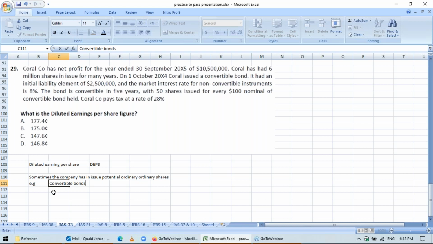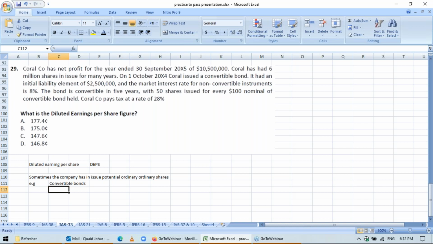Potential ordinary shares are basically those items which will result in an issue of ordinary shares in future. So they are not recently issued, but sometime in future the shares will be issued.